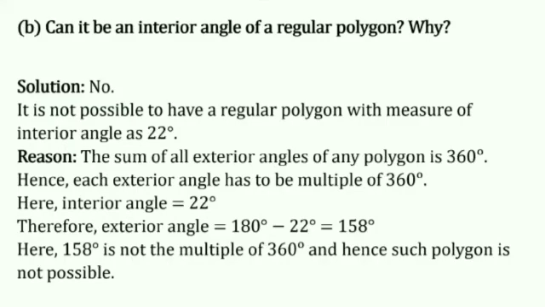So again, if you divide 360 degree by 158, the number you are getting is not a whole number. And we know that the number of sides cannot be in decimals. So here it is not possible to have a regular polygon with measure of interior angle as 22 degree.